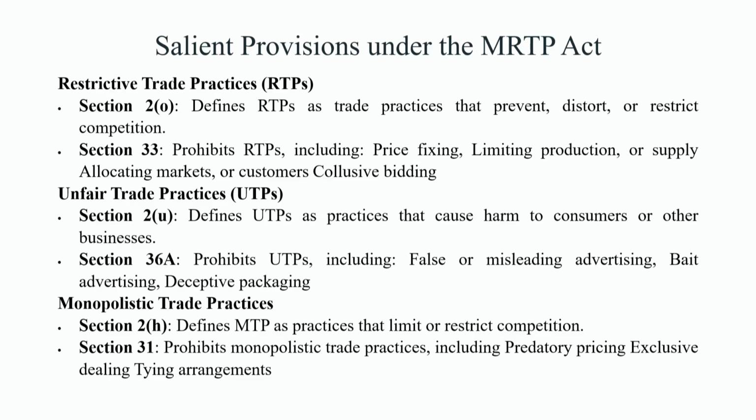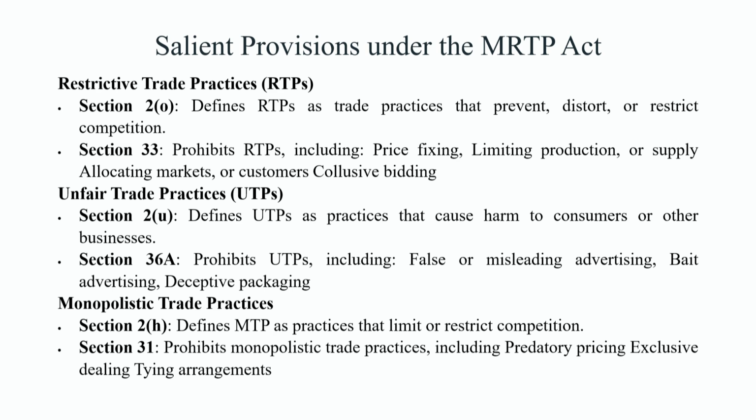At a certain point, Mr. A says to Mr. B, if you agree, we may not lower the price below a specific price. That means they agree to fix the price and not decrease it below a certain amount. This is like an agreement of price fixing. So price fixing, limiting production or supply, allocating market or customers, and collusive bidding were prohibited under section 3, which prohibits restrictive trade practices.